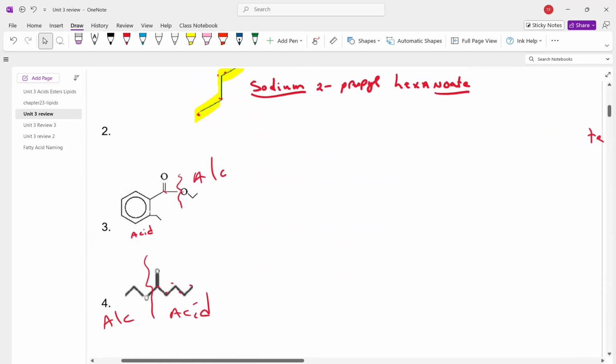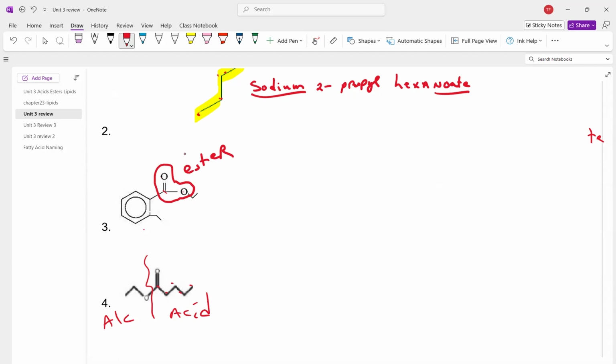Okay. Looking at this guy here, with the OCO, double bonded CO in there, we know it's an ester.